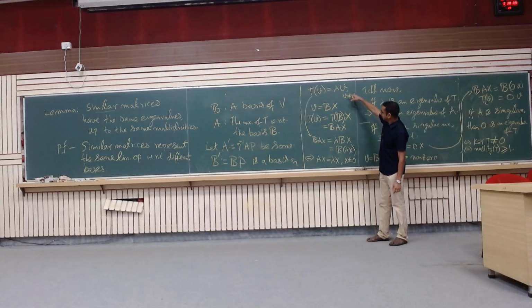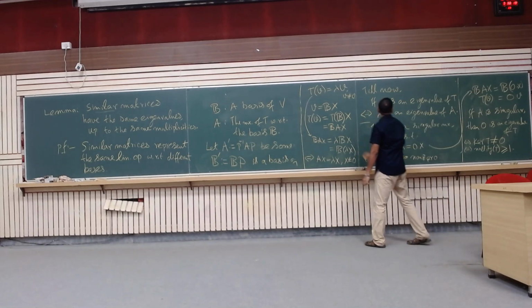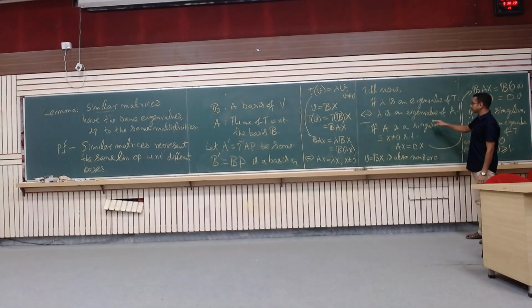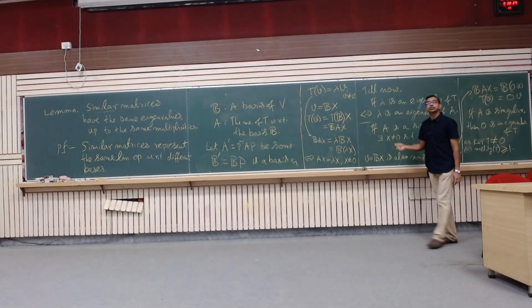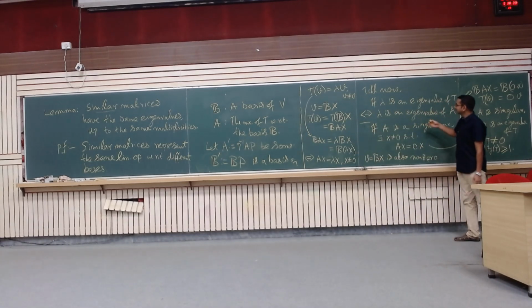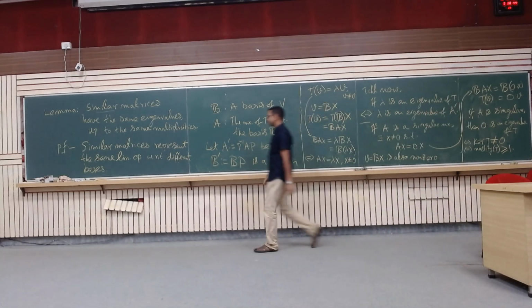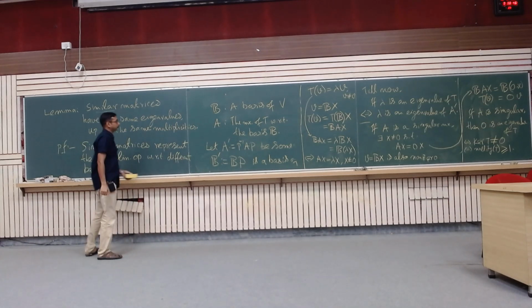So this is exactly giving you the same equation as this one, for all cases. And so you have that lambda is an eigenvalue of T if and only if lambda is an eigenvalue of A. And note that A was just a representation of T with respect to some basis B. You can choose some other basis, and with respect to that other basis, if it is some A dash, again this has the same eigenvalues as the linear operator T. So similar matrices have the same eigenvalues.